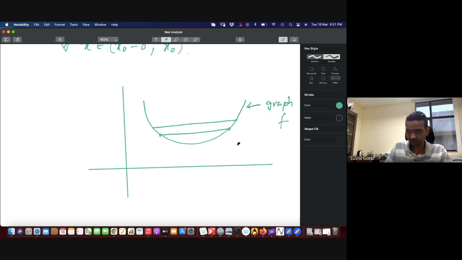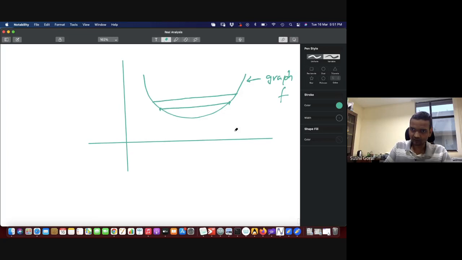Let's say this is x1 and this is x2, then the line joining (x1, f(x1)) and (x2, f(x2)) is this one.